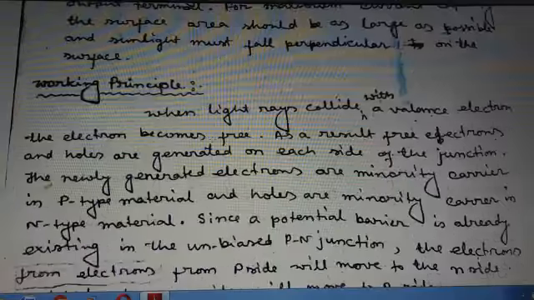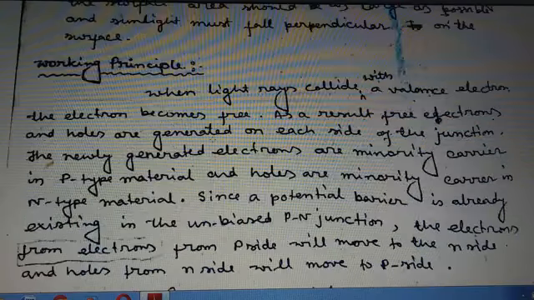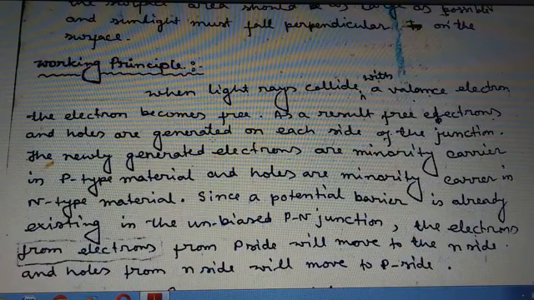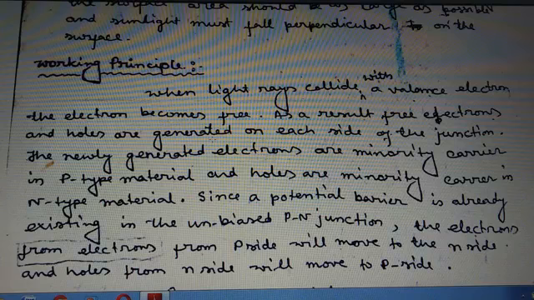Now the working principle of the photovoltaic cell. When light rays collide with a valence electron, the electron becomes free. As a result, free electrons and holes are generated on each side of the junction.